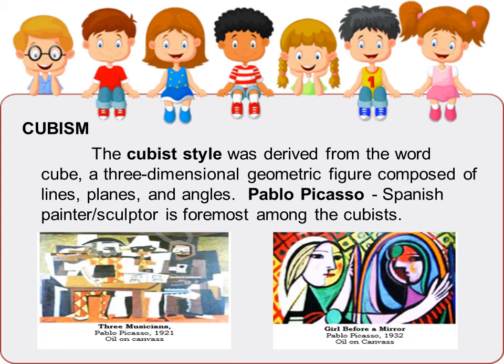Pablo Picasso, a Spanish painter and sculptor, is foremost among the Cubists. The pictures below show examples of Cubist style paintings. The Three Musicians was painted by Pablo Picasso in 1921, and The Girl Before a Mirror is Pablo Picasso again in 1932.